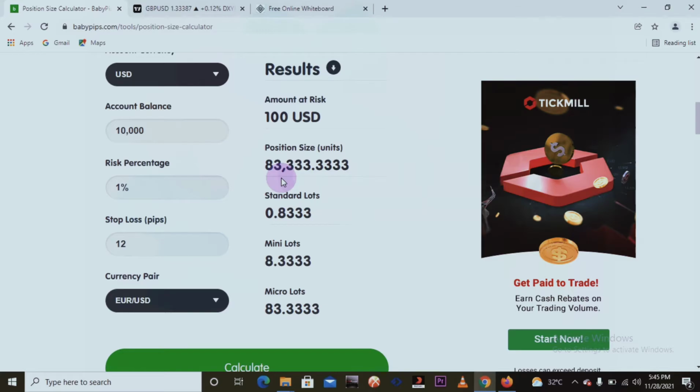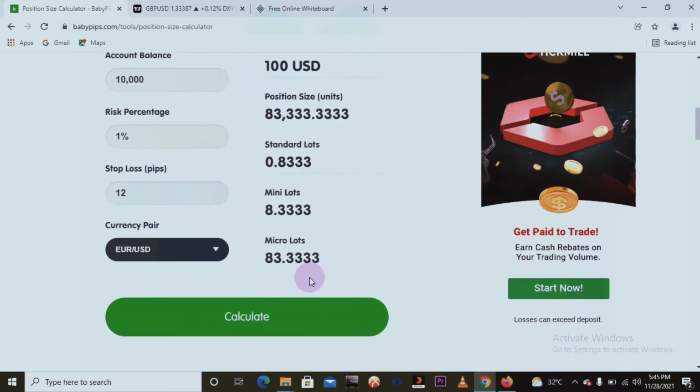What is the position size? In standard lots, the position size is supposed to be 0.8. I'm not supposed to go beyond 0.8 lot size for every single trade I take using this 1% risk strategy.